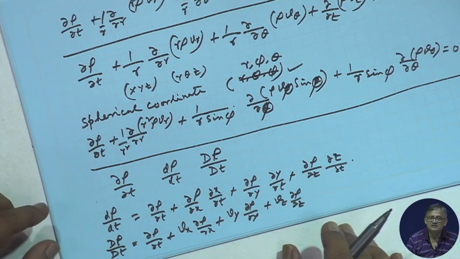In the next class we will do the equation of motion, keeping in mind the continuity equation in all three coordinates, that is Cartesian, cylindrical or spherical coordinate. Of these three, two we have derived and one we have shown you the final form. These forms will be utilized for the equation of motion.